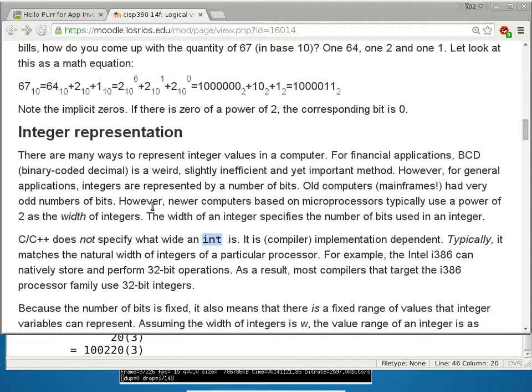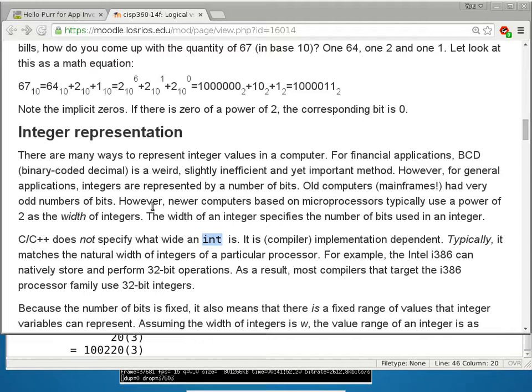If you ask your math professor how many digits you need to store an integer, doesn't matter what base, they would look at you in a confused way and say, I don't know, because integers can be infinitely large. Potentially there's no limit on how many digits are required to store an integer.